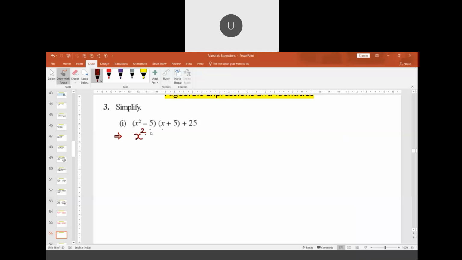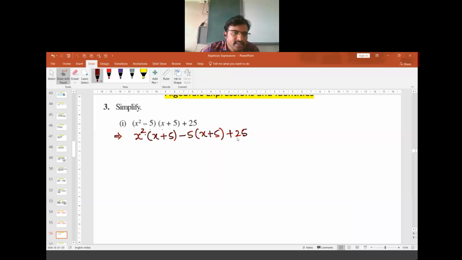Here, x square to be multiplied to x plus 5, minus 5 to be multiplied to x plus 5. This positive 25 should be retained in all the steps. Most of you will consider only this part and solve. They forget that plus 25 is also there. So the best thing is, in each step you write plus 25.